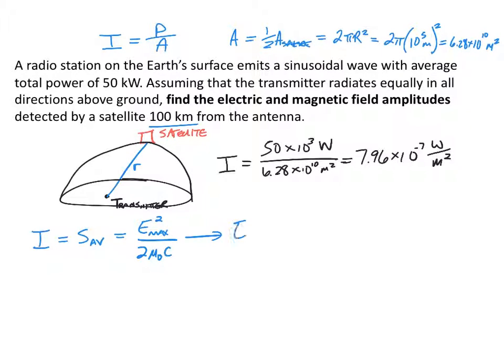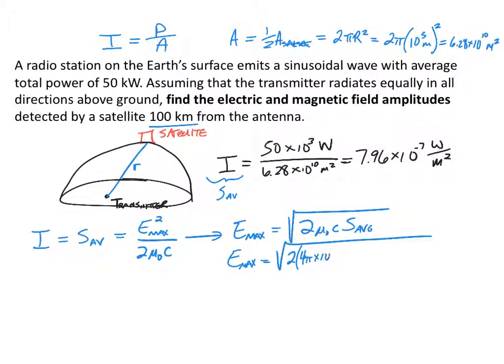So this means our max electric field strength, or amplitude, the peak of one of those waves, would be that. This thing right here is the average Poynting vector, because it's the intensity. So E max, do some plugging and chugging.